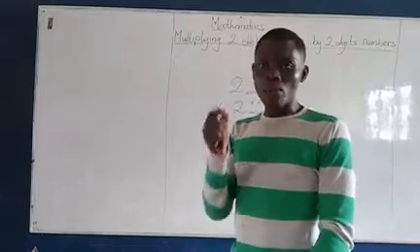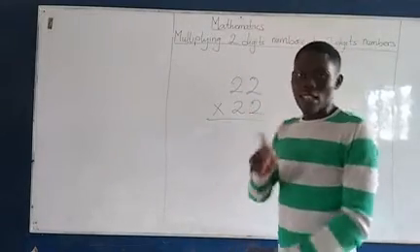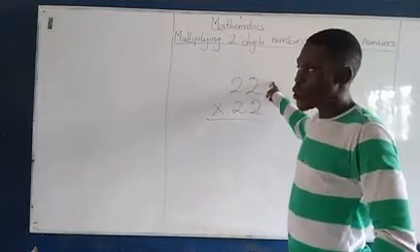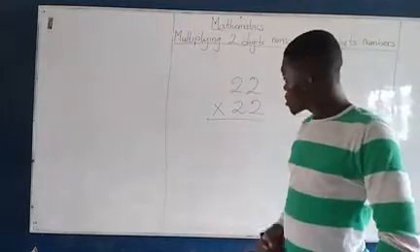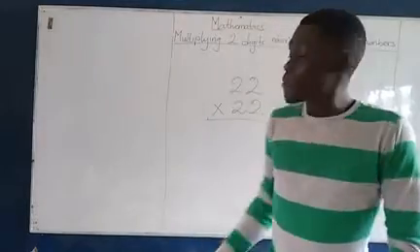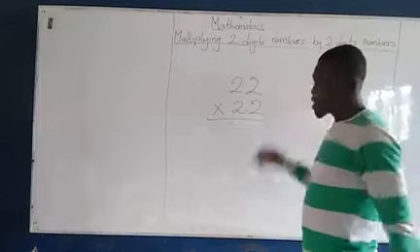Good. Same applies to the multiplication. If you want to multiply, even if the other factor is a single number, you have to start from the ones place or the ones column. Now that you have a 2-digit number by a 2-digit number here, you are going to start from the ones as I told you earlier.